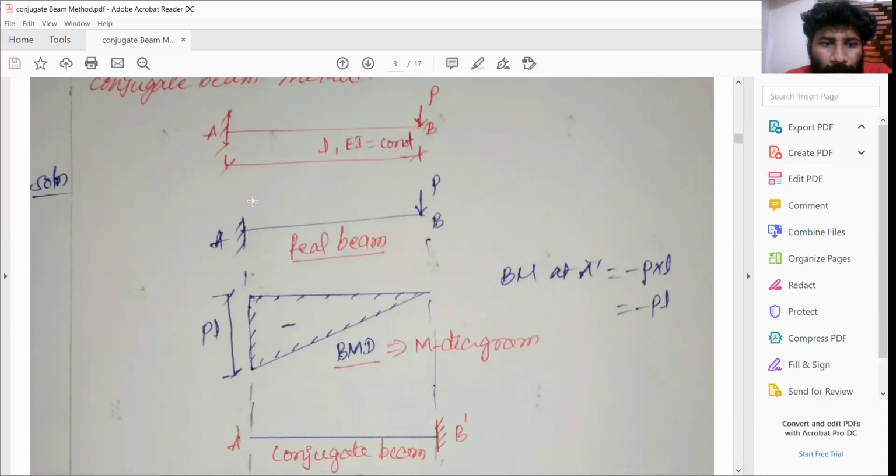For the bending moment diagram, we know that the bending moment at A, the fixed support, is P into L, and we know the signs. Suppose I take a section here, the load acts clockwise to the right of the section.